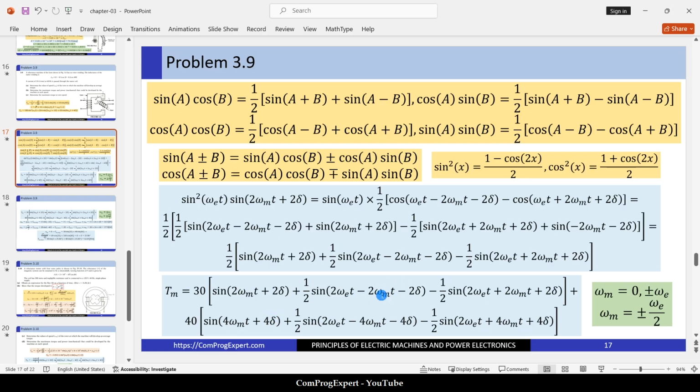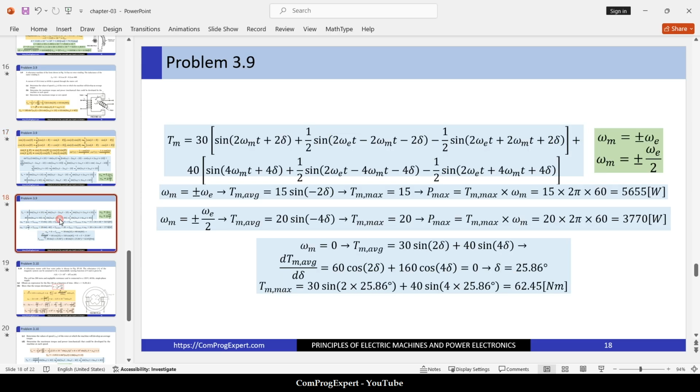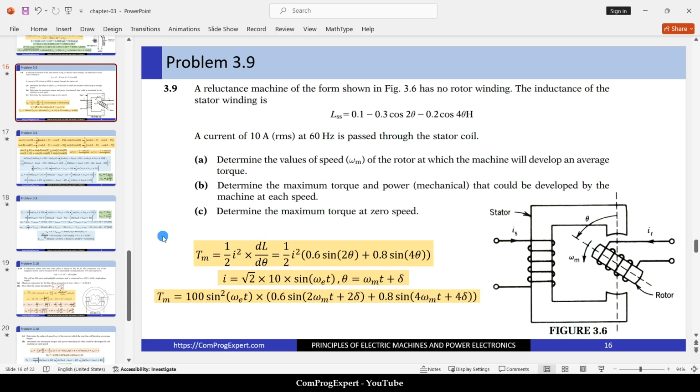Here, omega m is 0, 0, 0, 0 here, but we have omega e, and you know that the average value of these functions will be equal to 0. So when the value of omega m is 0, the average value of the electrical torque, right, the electromagnetic torque, is equal to this expression. It depends on delta only, the initial position of this moving object.